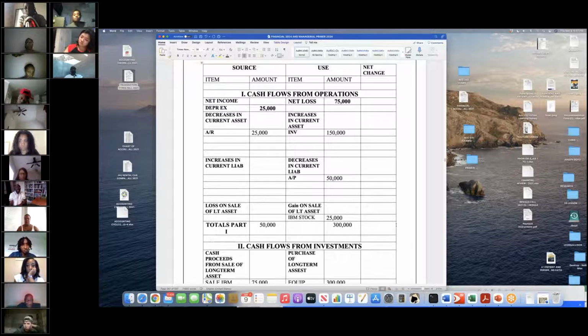So our net change is going to be what? 250,000. A minus 250. So we know right away, we sort of knew it in the first place, but notice the change in cash is not 75 in operation. The change is a minus 250. So it's much worse than it looks.